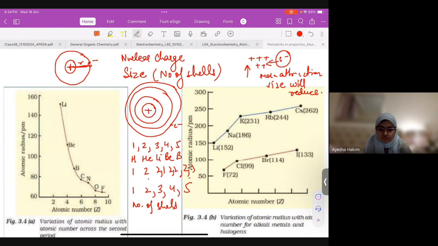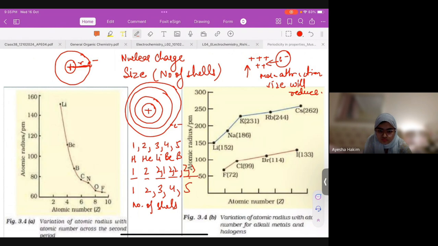This is having 1 shell, and these are having 2 shells. So what will happen? Your number of shells is not increasing, but your nuclear charge is increasing more.